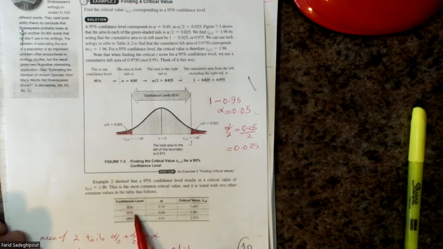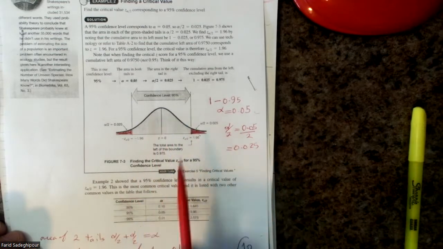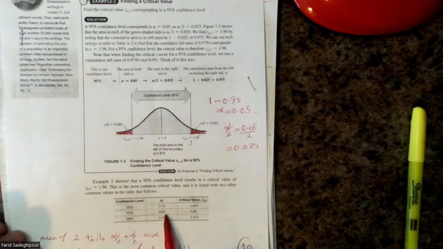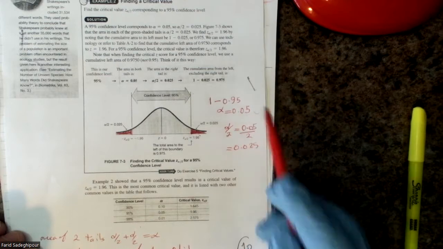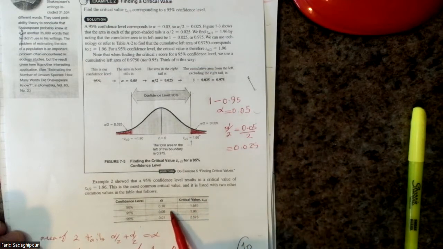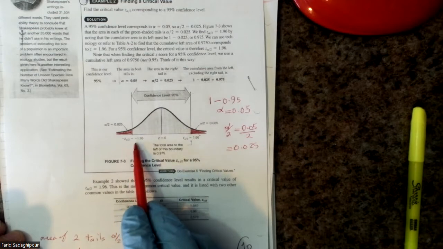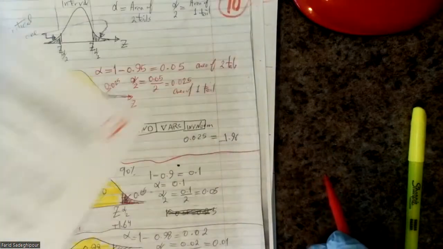If you have a 95% confidence level, then alpha normally is 0.05, and if you go to the table or calculator, that gives you a z value of 1.96. The one on this side is minus 1.96. The one on the right is positive 1.96, because the 0 is in the middle. As you go to the right, numbers are positive; as you go to the left, numbers are negative.